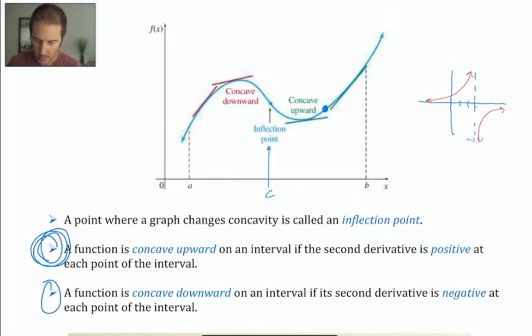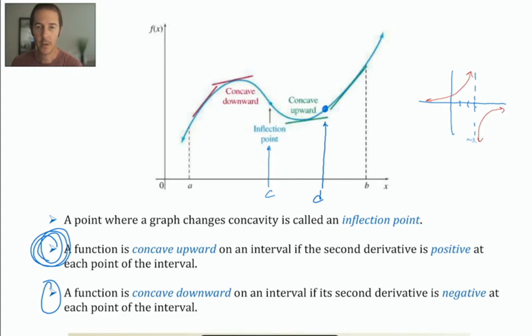Now this point has its own x coordinate, let's say it's d, and if I plug that x value into my second derivative, f double prime, the number that would come out of f double prime would be a positive number.